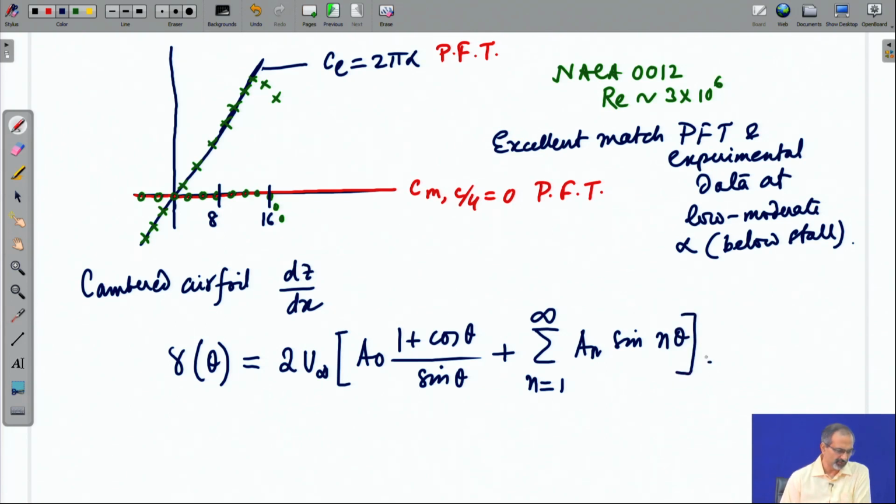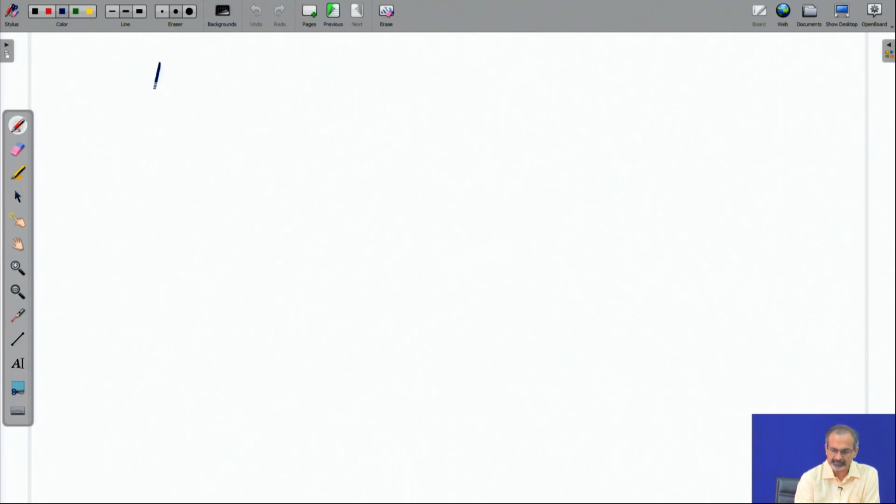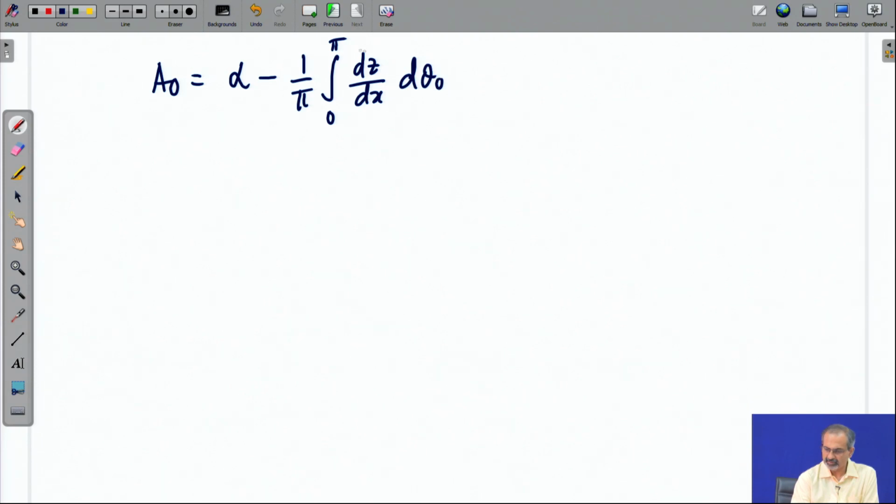So, this would be a solution for gamma theta, and there are coefficients that we see over here, A naught, A n, etcetera, and in principle there are an infinite number of terms in this series. So, what do those terms look like? A naught is given by, you notice that it is dependent on the shape of the camber line.